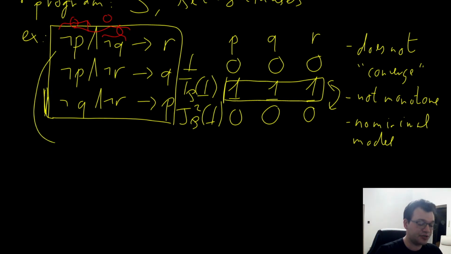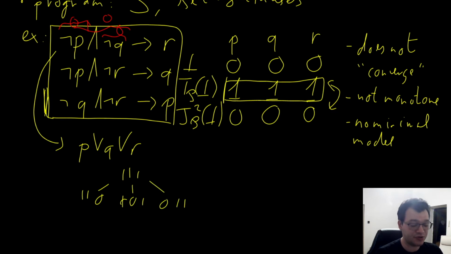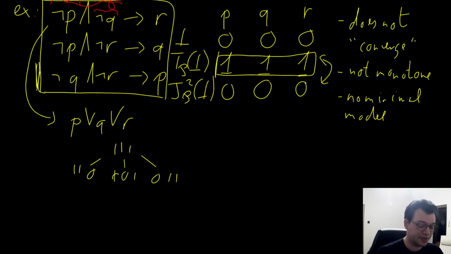it's not that hard to see that each of these three clauses is equivalent to P or Q or R. So 111 is a model, and 110 is a model, and 101 is a model, and 011 is also a model of this particular program, and so are the others as well.